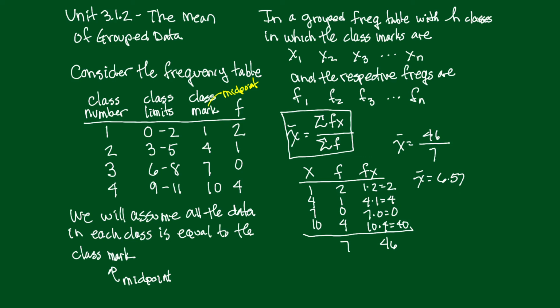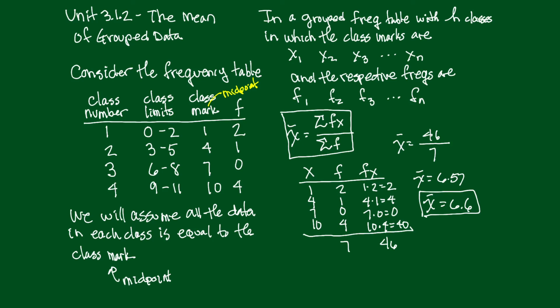X bar is 6 point, and the number right there is above 5, so I'm going to round that up to 6. So I'm going to say that the mean is 6.6. Now that's a measure of central tendency. What we're saying is that a center value of this data is 6.6.